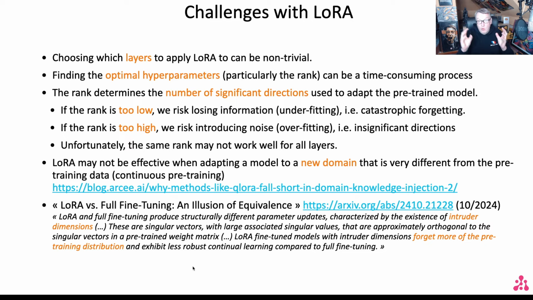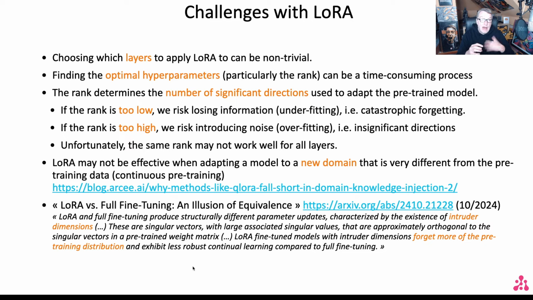And fine-tuning only in those directions. So if you take a value that's too small, you're throwing away too much information, right? So literally you may underfit the data. You may not learn the data correctly. And you may also potentially cause catastrophic forgetting, right? And just hurt the original knowledge that the model had.